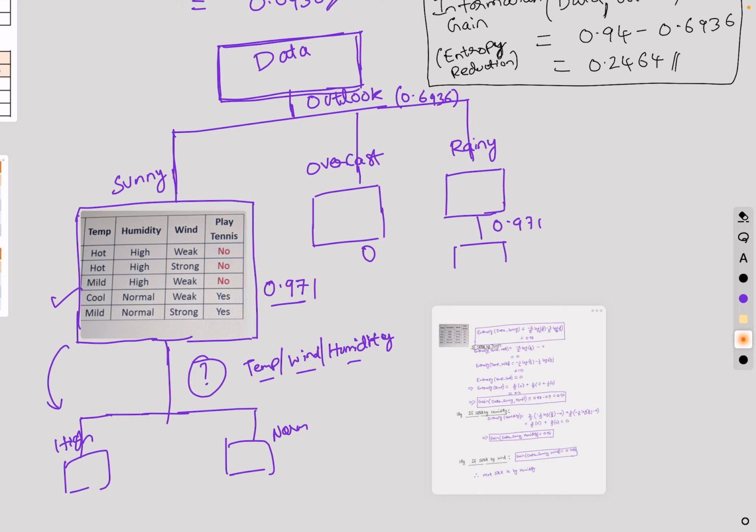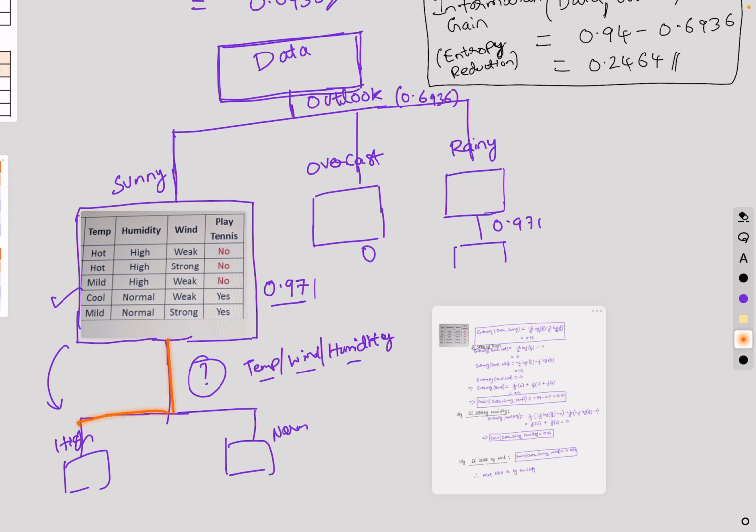So the decision tree will again split this data into further subsets, based on either the temperature, wind, or humidity feature, whichever gives the maximum reduction in entropy or uncertainty. The same formula would be used to compute the entropy before splitting. This is what the subset data was before splitting.